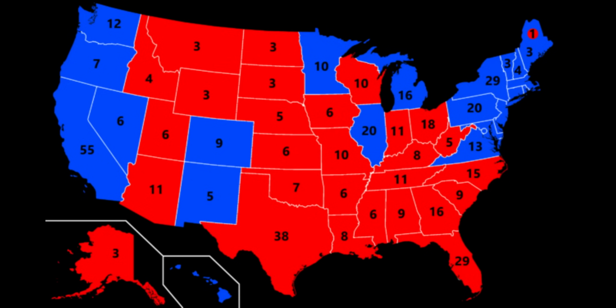This is a map of the United States of America. The blue and the red represent the political party that the majority of people in that state would vote for in a presidential election. So even though you might vote Democratic in a red state, that state is going to turn up as red. Inside each state, you also see a number.